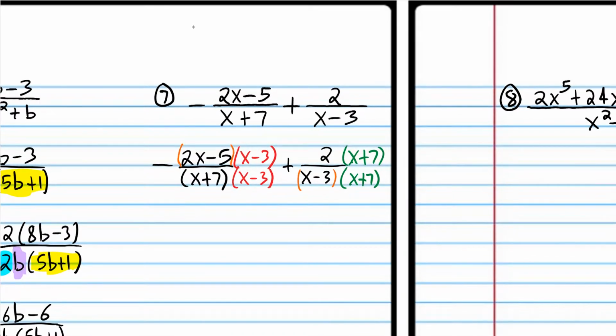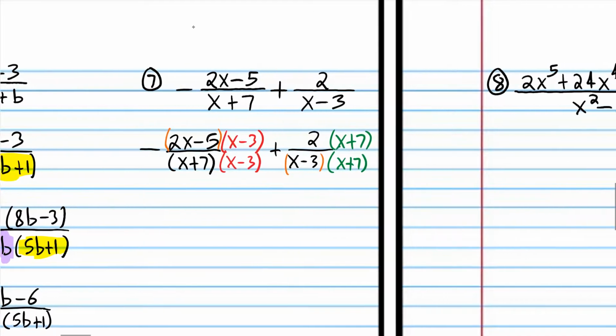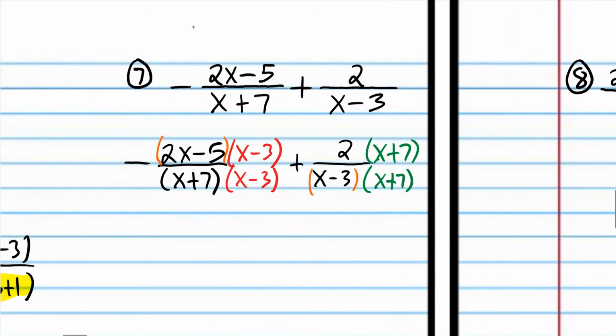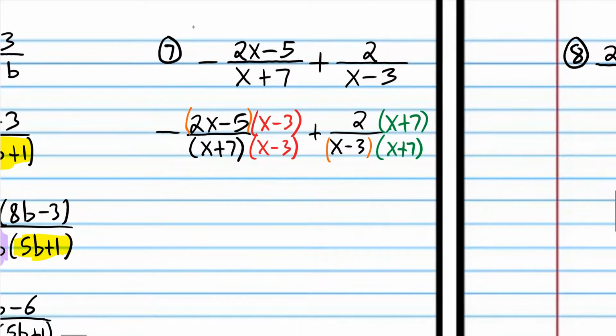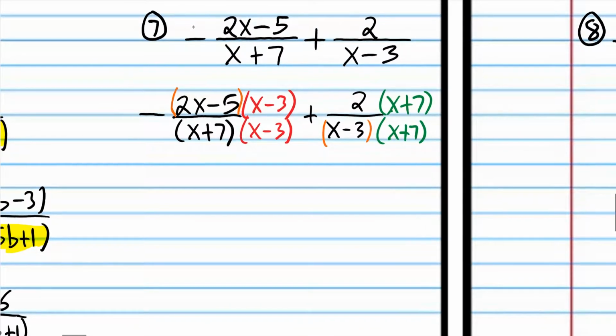Well, because now you see these denominators, they're the same. So again, go back and double check everything, make sure everything's right. Students have a tendency to just want to plow through this stuff, but when you do that and you don't double check your work, then it's pretty much a guarantee you're going to make a mistake.